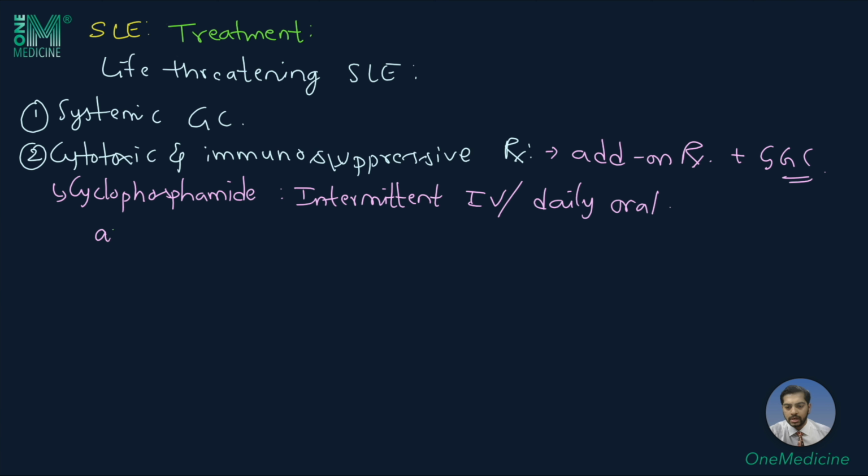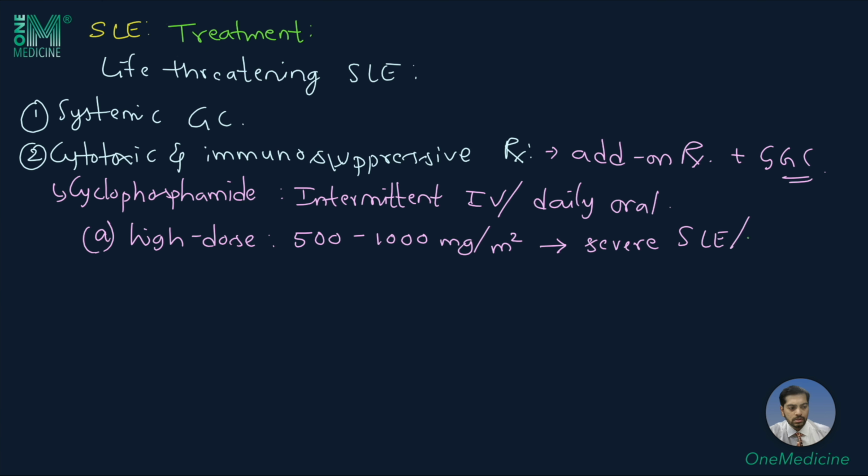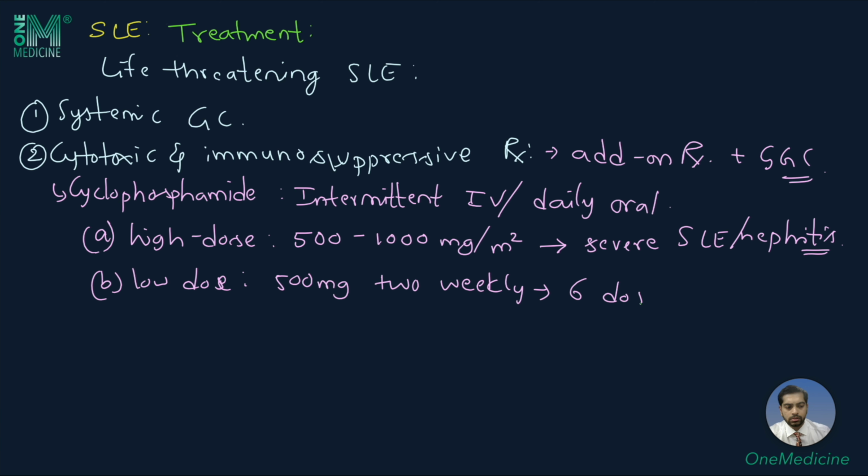Two regimens have been studied. The first one being high dose cyclophosphamide regimen, where cyclophosphamide in the range of 500 to 1000 milligram per meter square of body surface area is used to treat severe systemic lupus erythematosus or severe nephritis associated with SLE. A second low dose of 500 milligrams of cyclophosphamide given 2 weekly for a total of 6 doses is found to be effective.